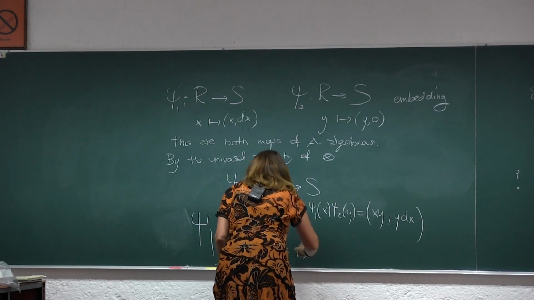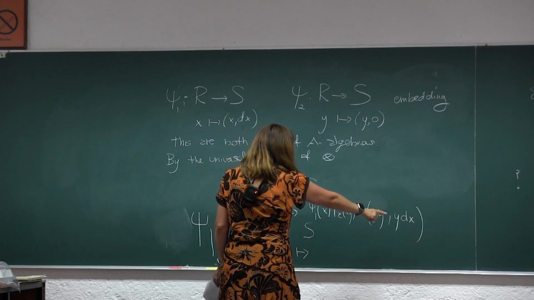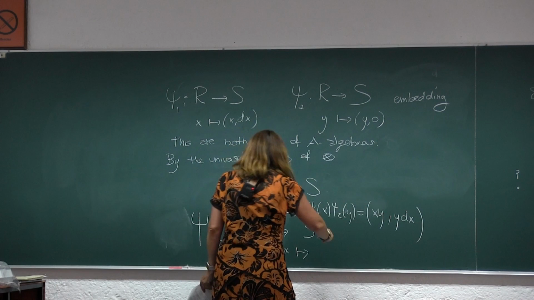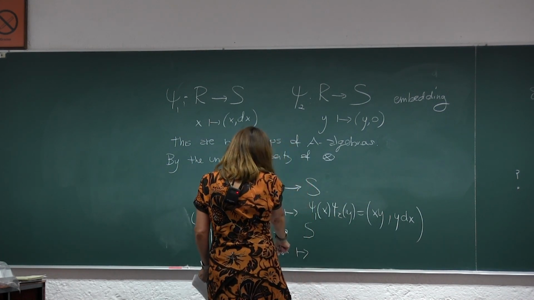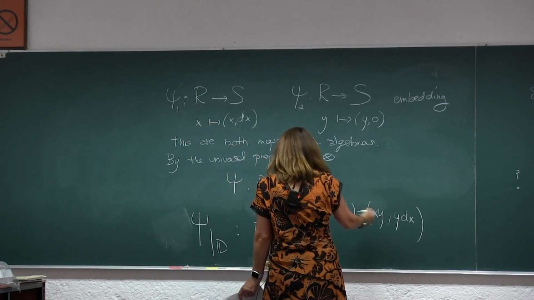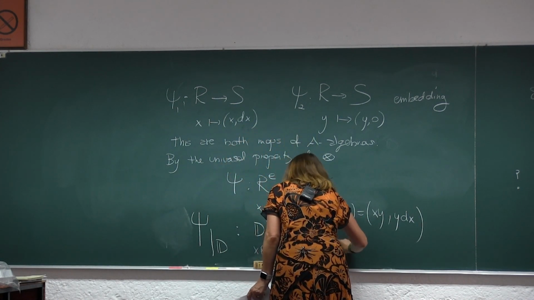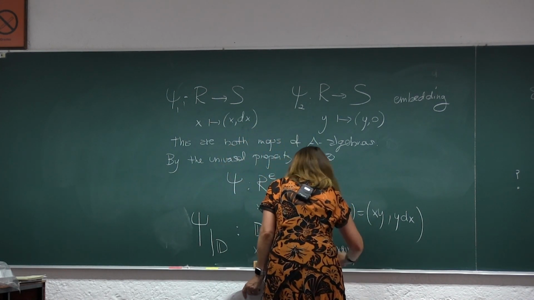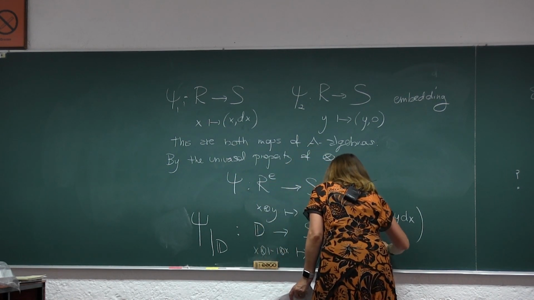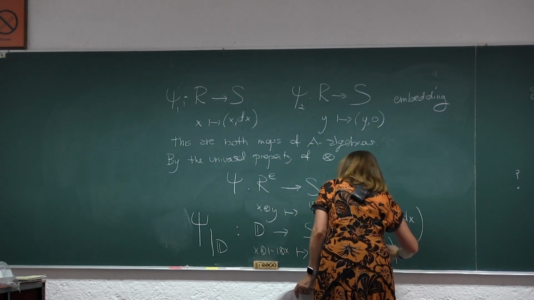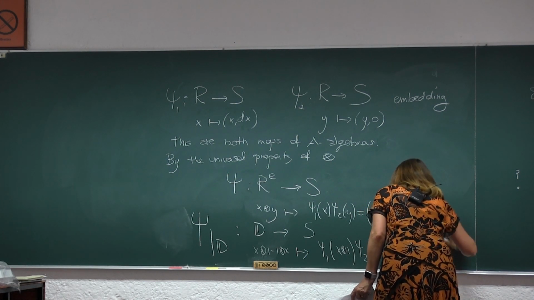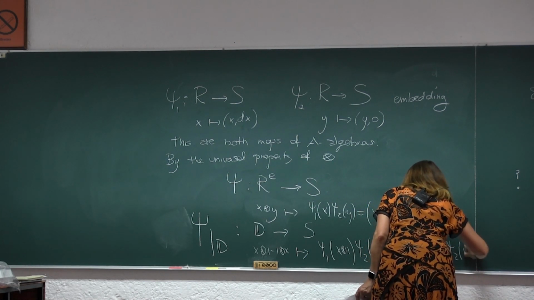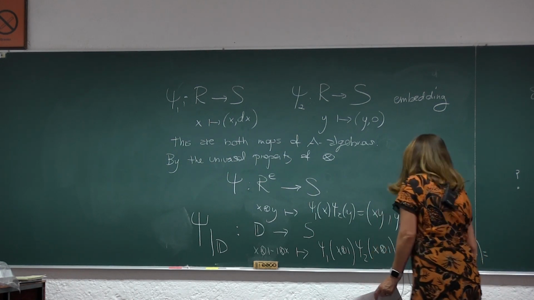So this element, I have to send it inside here. So I have to do the image of x tensor 1 minus the image of 1 tensor x. So it's phi1 of x tensor 1 times phi2 of x tensor 1, minus phi1 of 1 tensor x times phi2 of 1 tensor x. Now maybe you're faster than me.